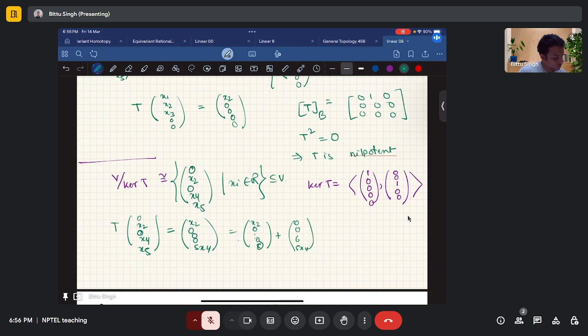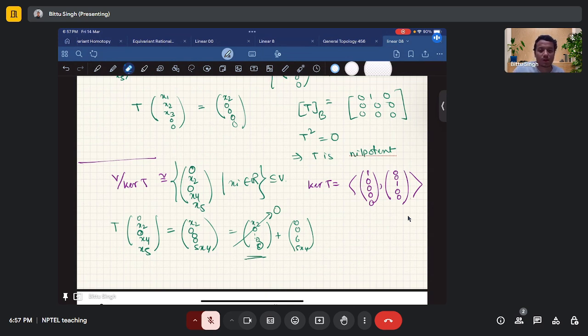So this term gets cancelled because this belongs to kernel T. So those actually correspond to V mod kernel T. So the corresponding to this class, this is actually 0, because this is same as 100 times x2. So this will be 0, but this is 5x4.